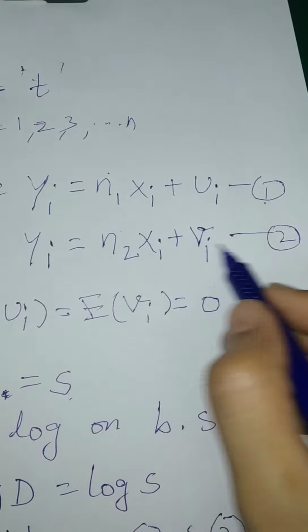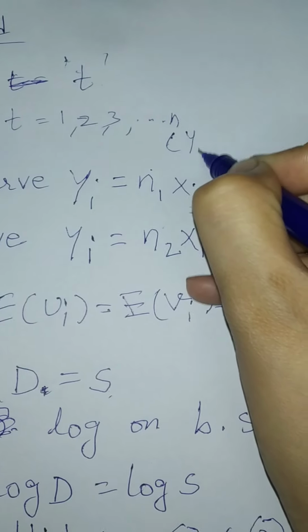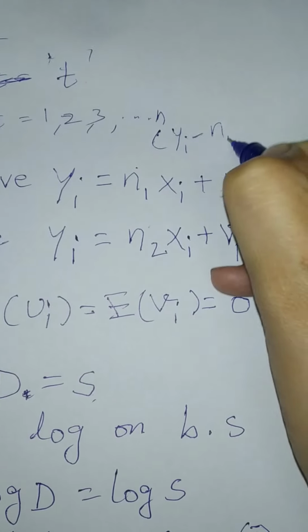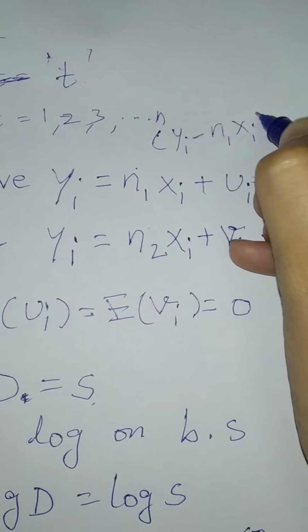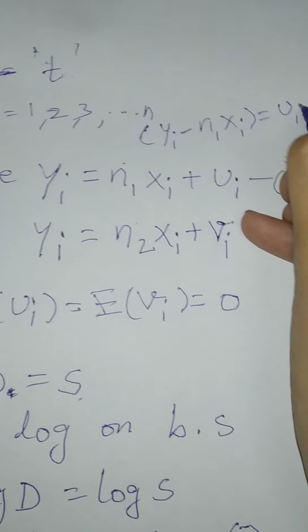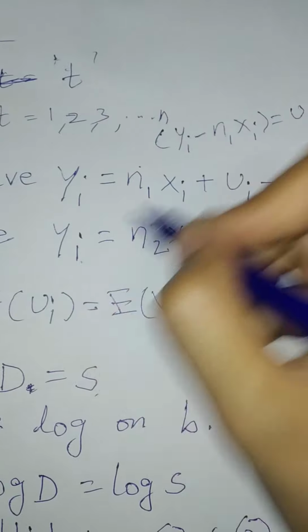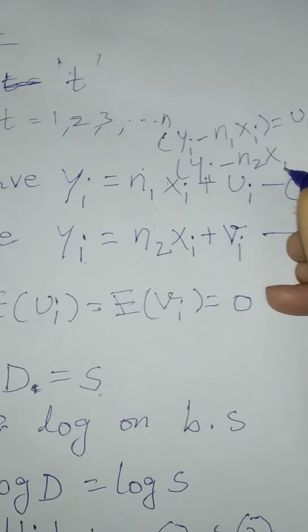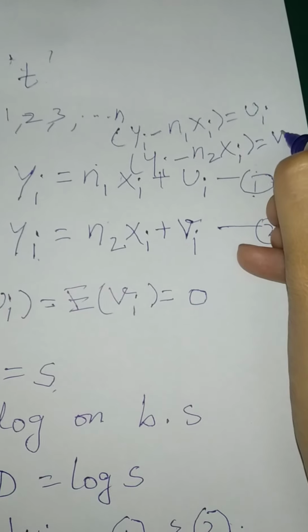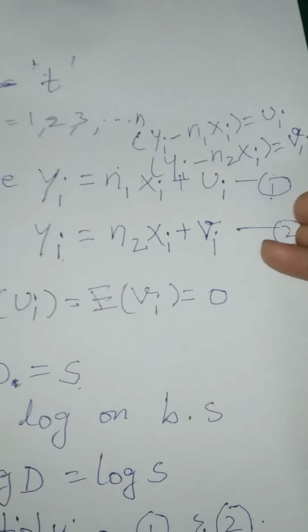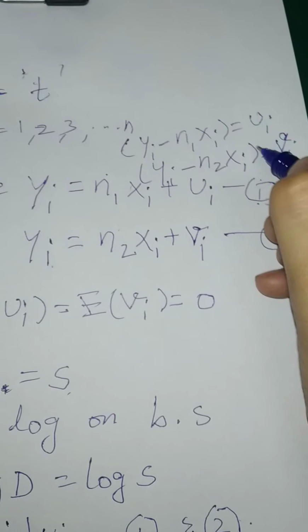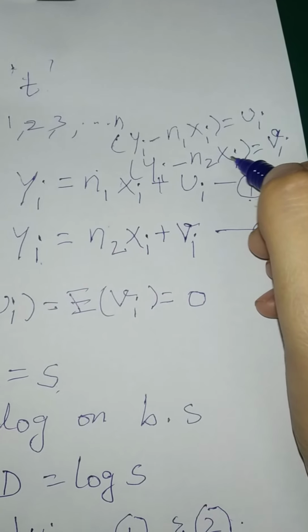For the first, we will write it as yi minus n1 xi is equal to ui. Again for the second, yi minus n2 of xi is equal to vi. When we write this, it will be easier for us to multiply.